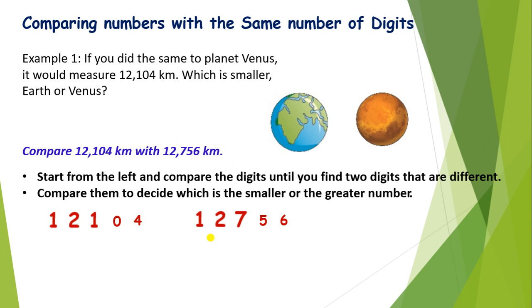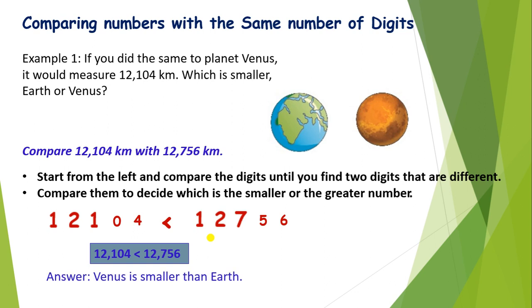So therefore we can say the second number is the greater number. So we can write 12,104 is smaller than 12,756. So the answer is Venus is smaller than Earth.